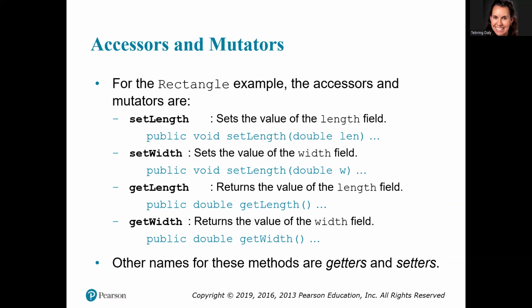Your setters typically will have a parameter of what you're changing, and your getters won't because they're just getting information. As you do these over and over again, you'll just think, oh, I know what that looks like. And normally you call them set and get, because it's common and people know what it is, followed by whatever property name you're talking about.